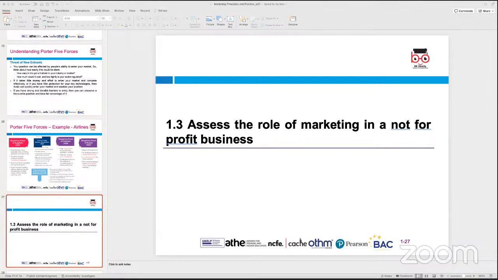Their aim is to provide benefits or specific services to consumers or the wider community. So the National Health Service, the Defense Forces, and charities like Oxfam, Christie, Macmillan are all not-for-profit organizations. They are sometimes also referred to as voluntary organizations or NGOs, non-governmental organizations.